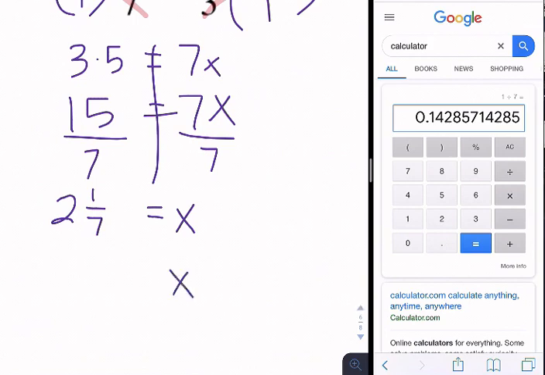So it is the same thing as we got before. This gives me a nicer number to work with. It's kind of up to you whether you want that not so lovely decimal or you want the fraction. But either method is going to get you that answer. I'm just going to say it's about 2.14.